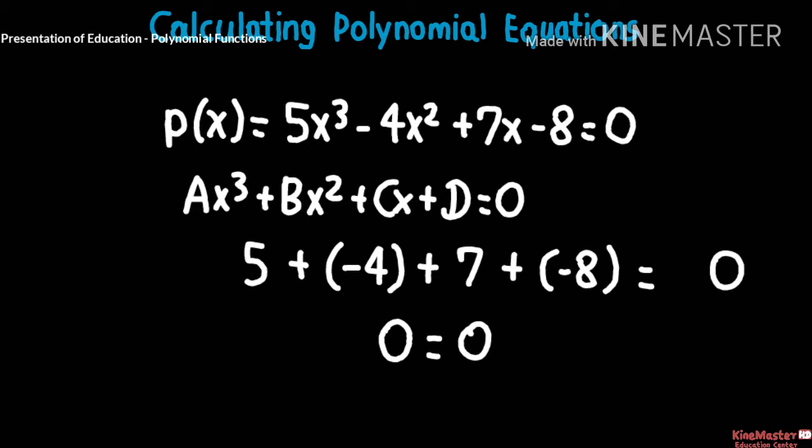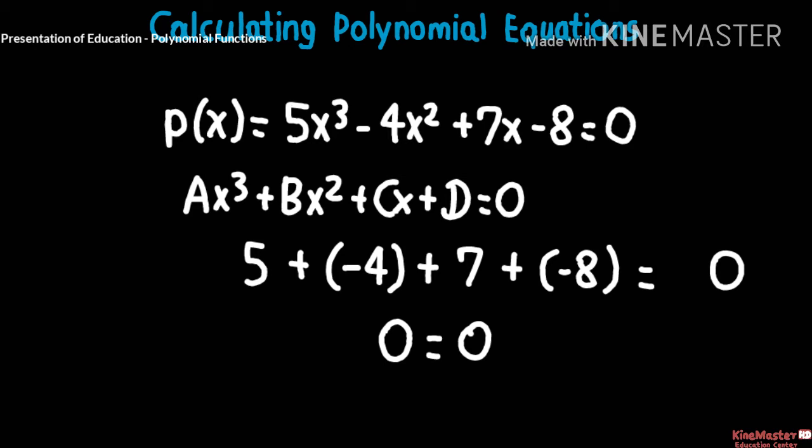5 plus minus 4 plus 7 plus minus 8 equals 0. If you add them, it becomes 0, so positive 1 is a zero, a root. Now we can determine the rest by using synthetic division.